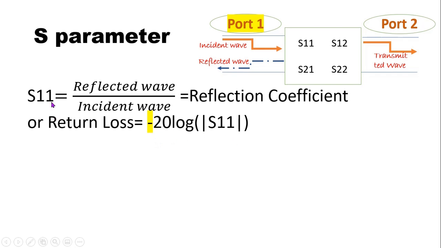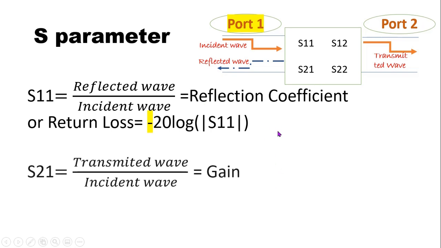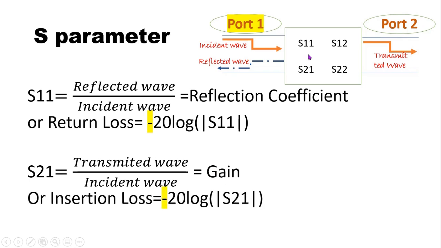Well and fine, we know what S11 is, we have been using it for the last 2 videos. Now what are these 3 things? This is your S21. S21 is like gain. You can say S21 is gain because here we are using transmitted wave divided by incident wave. But if your circuit is passive, then for sure we won't be getting gain. So we use another term, which is called insertion loss.